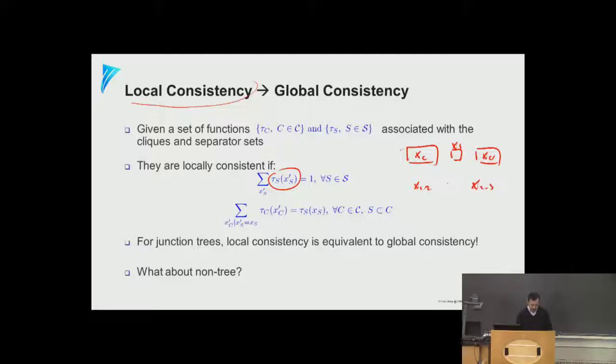These are two nodes, and then in the middle you have x2, right? So you can define basically a term, a message, or a potential function on this x1, x2, and x2, and x2, x3.